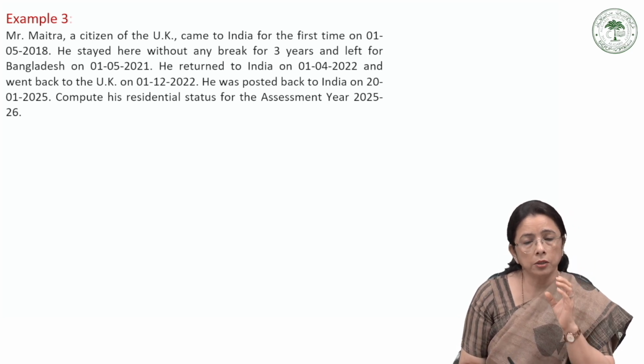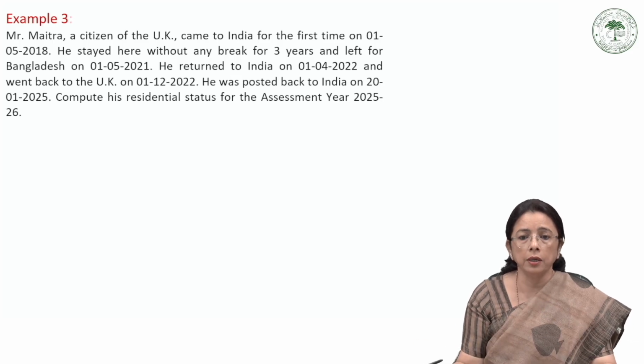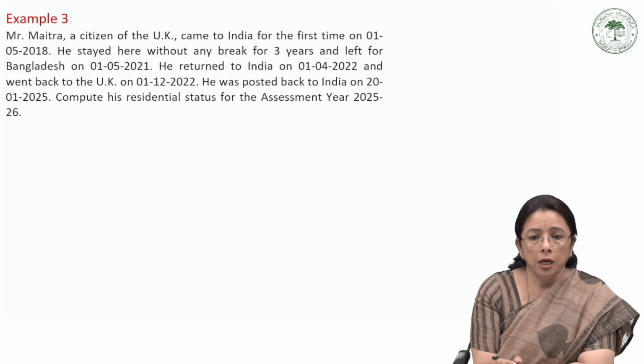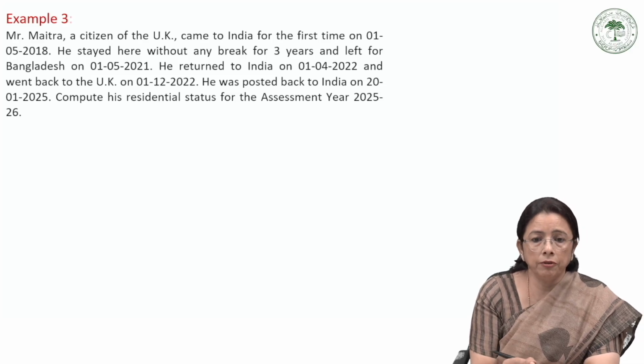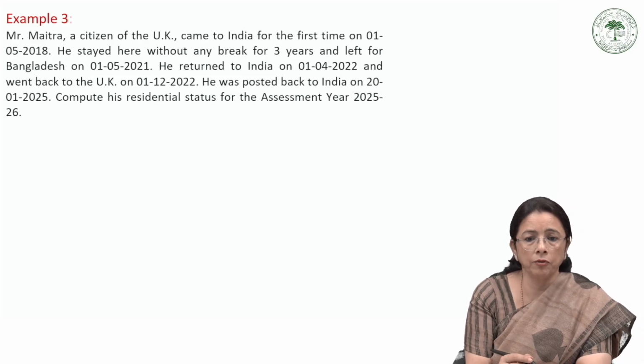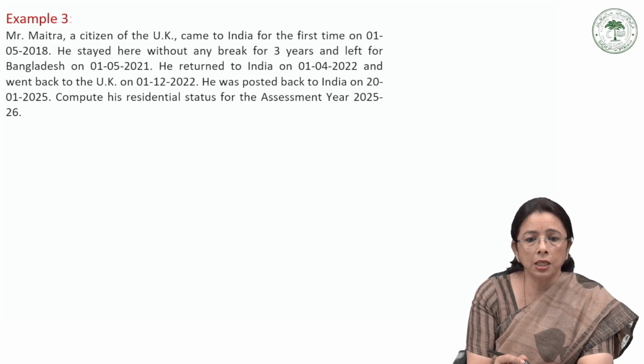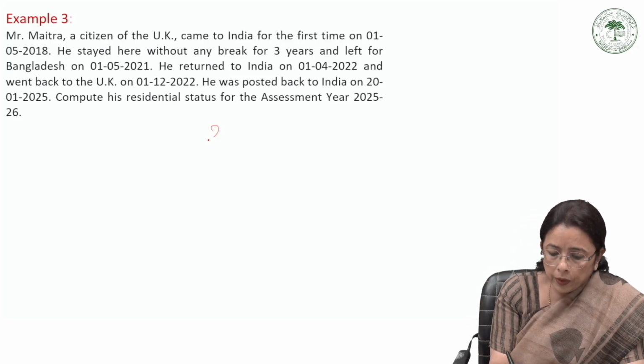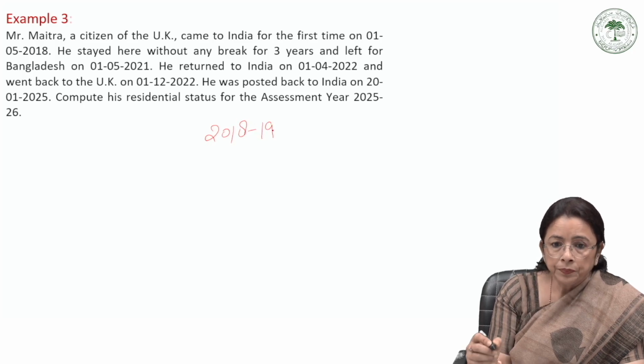Now, when you are solving it, let us do it together. How do we go for computation of the number of days? First, we will decide the number of days. So the first is we will take the year 2018-19.